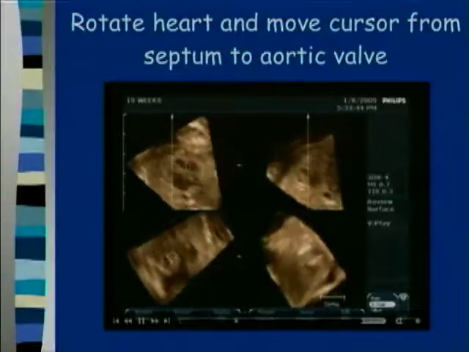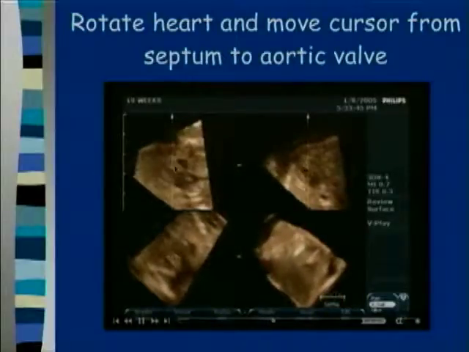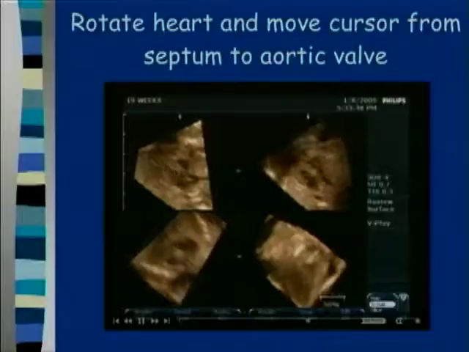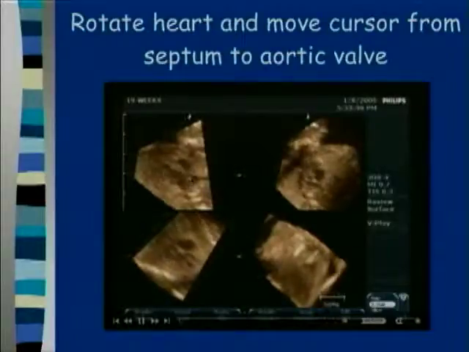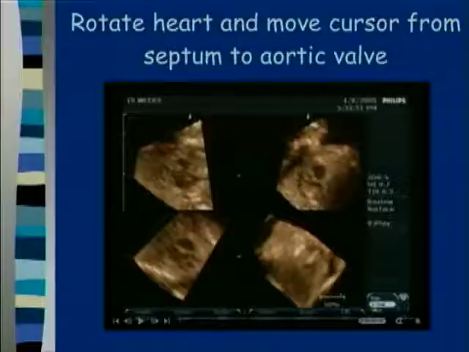So here we have a four chamber that we're rotating on. We're putting the cursor right on the septum, and you can see as we move the cursor up above the left ventricle, we get a picture of the right outflow tract in the upper right corner. And that's because the left outflow and the right outflow tracts are perpendicular to each other.